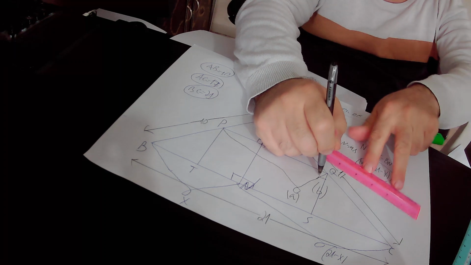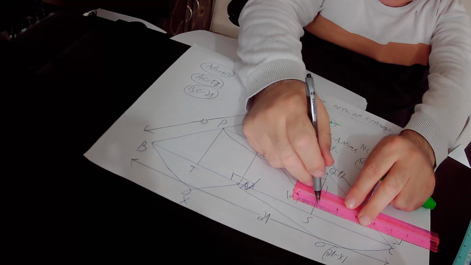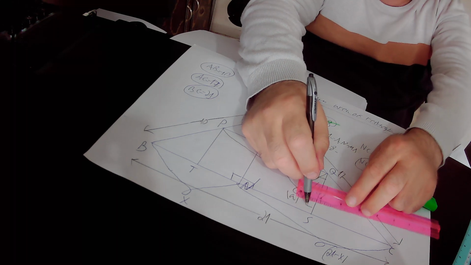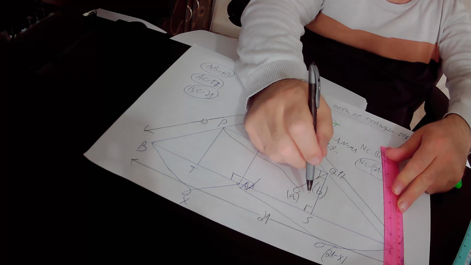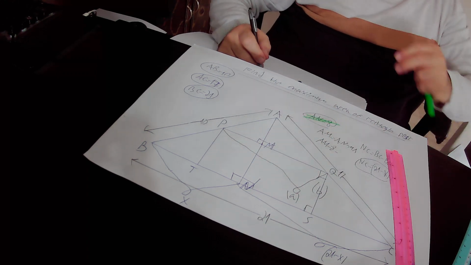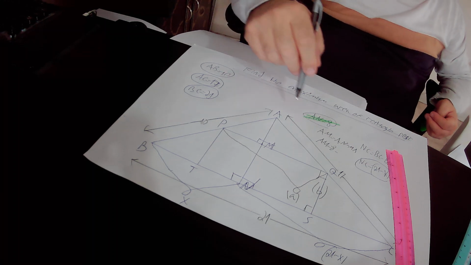So this angle equals 90 degrees, and this angle also equals 90 degrees. So there are two angles in rectangle PQST. In the next step, we'll focus on this small quadrilateral MQSN.